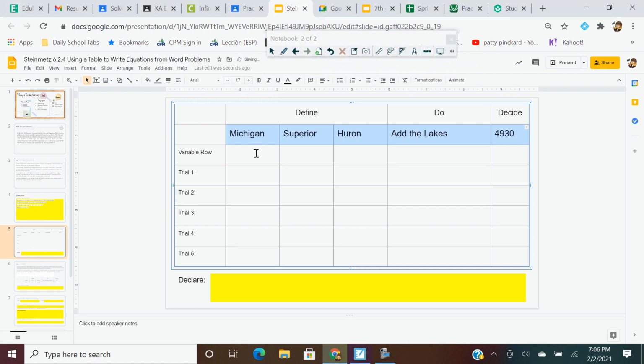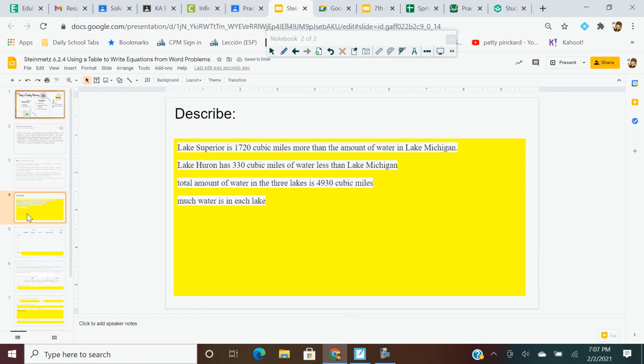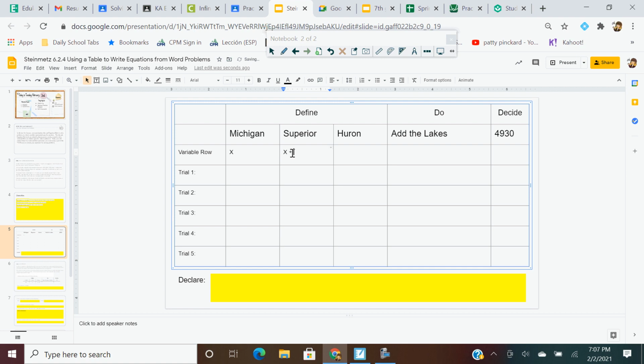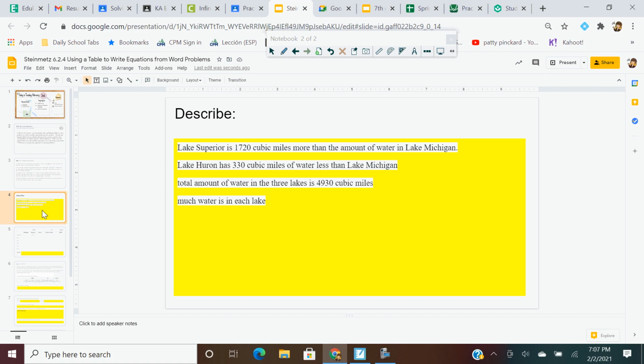Instead of doing trials where I pick a number for Michigan and use it to find Superior, I'm going to write variables. So I'm going to start with Lake Michigan being x. Then I go back to my describe and I say Lake Superior is 1,720 more than Lake Michigan. More than means to add. So I'm going to get x plus 1,720. And then Lake Huron, it says, is 330 cubic miles less than, which means to subtract.